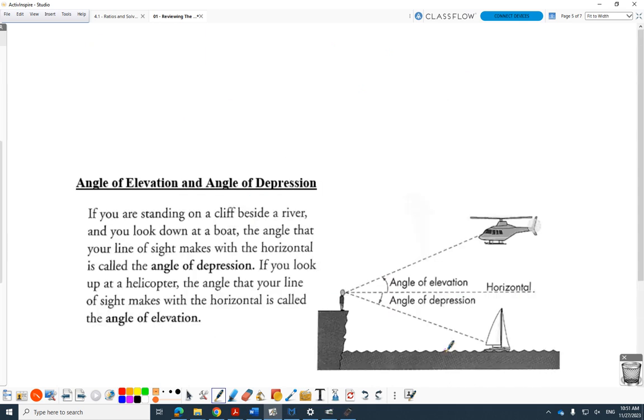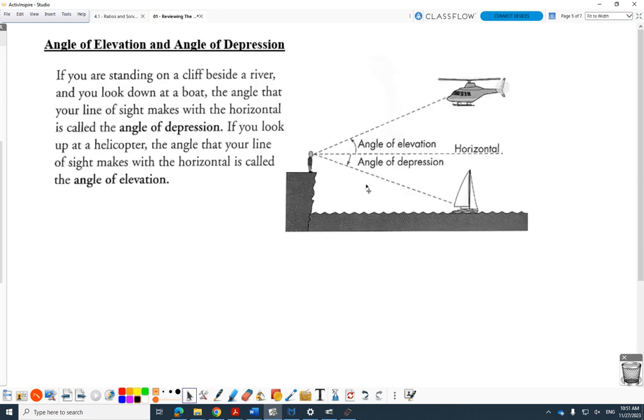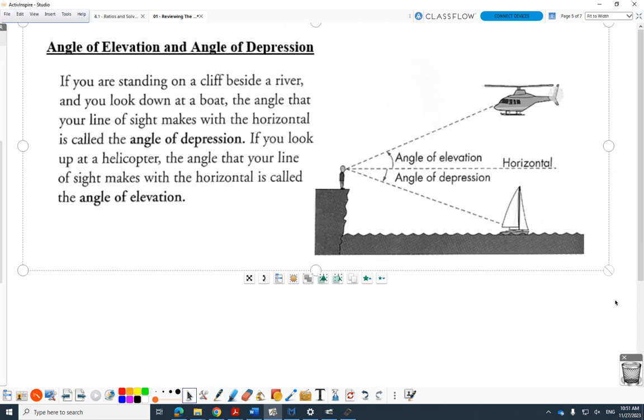Okay, here's 2 things that come up quite often as soon as we bring this out into the real world, angle of elevation and angle of depression. And this diagram shows them both perfectly. Angle of elevation is the angle between the horizontal for you, for whoever the observer is, up to whatever you're talking about. Angle of elevation goes up, whereas angle of depression goes down, always from the horizontal.